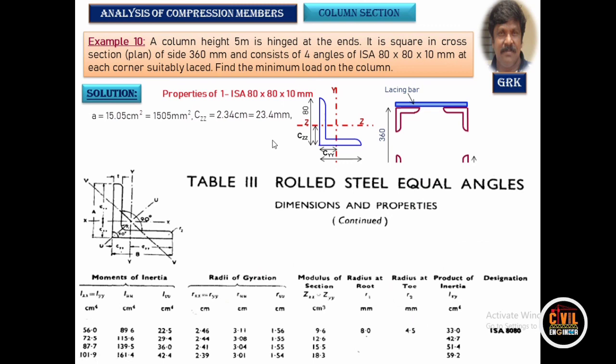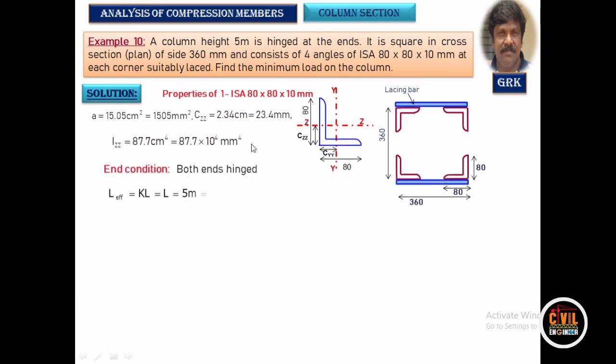And looking into the table, note the value of moment of inertia of this section about ZZ and YY, which are equal for the single angle section. The end condition is that both ends are hinged, therefore effective length is equal to actual length, and you get KL equal to 5 meters.